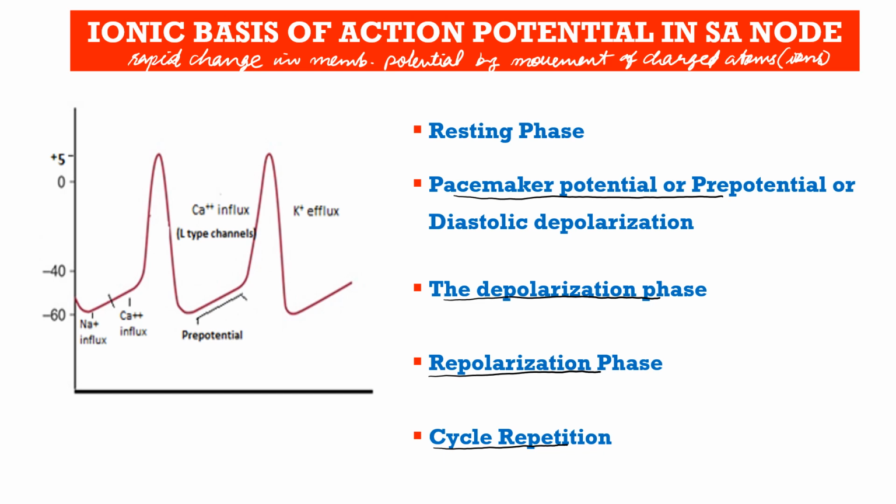The resting membrane potential in the SA node, as we discussed, is between minus 50 to minus 60 millivolts, and it is unstable due to more leakiness of the membrane to sodium ions.